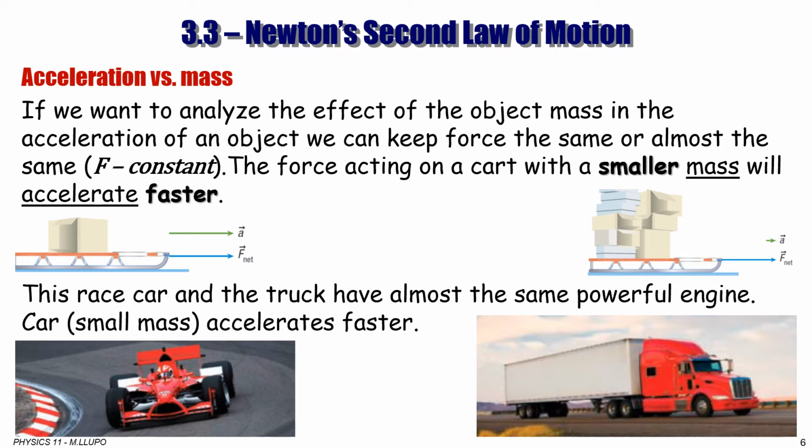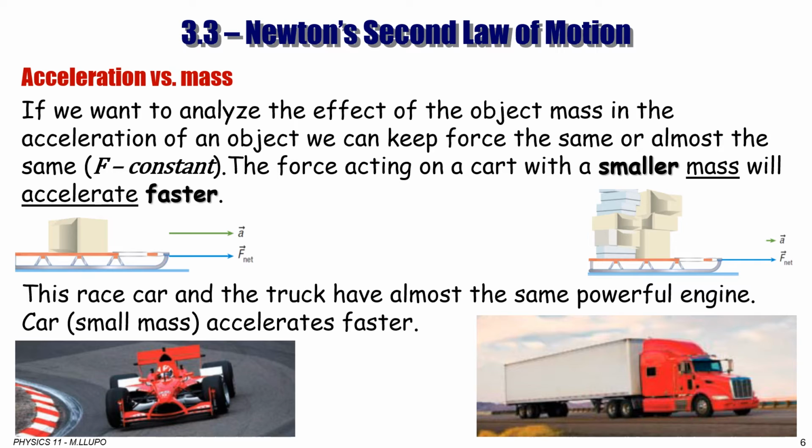Now, if we want to compare two objects that have different mass, a race car and a truck definitely have different mass. The truck is more massive. However, they do have almost the same powerful engine.